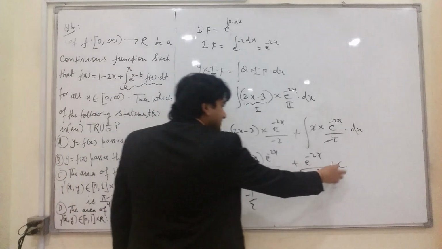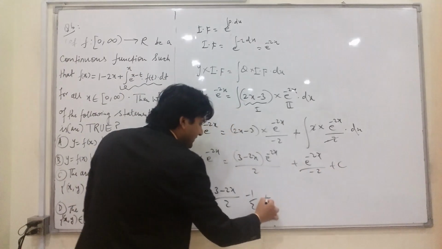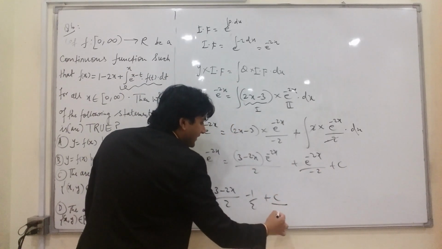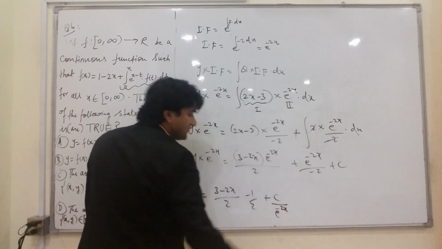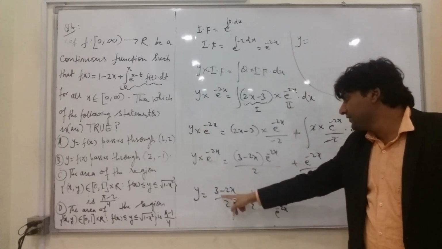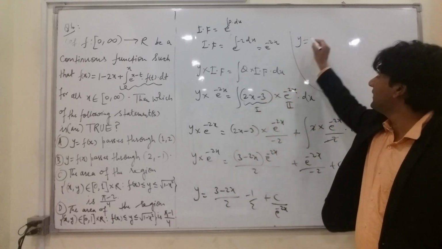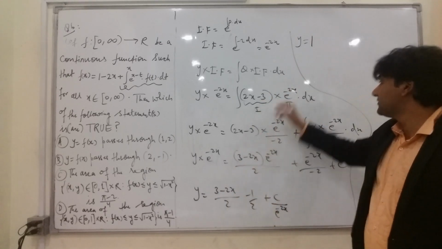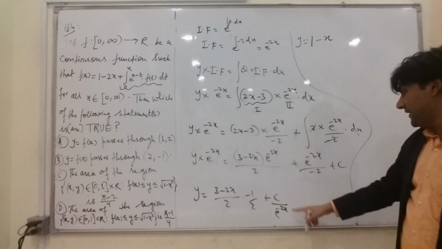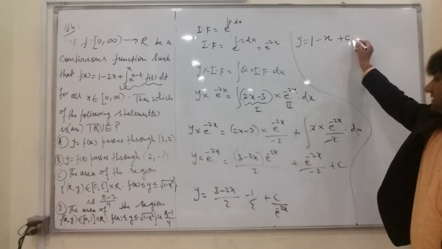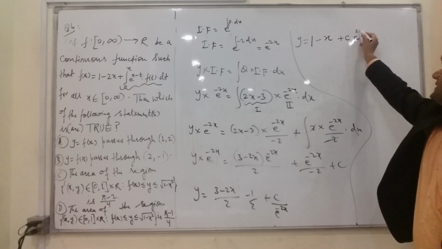And here you will get c over e raised to minus 2x, which means c times e raised to 2x. What did you get? y equals, 3 minus 1 is 2, 2 over 2 is 1, and minus 2x over 2 is minus x. And here I got c times e raised to 2x.